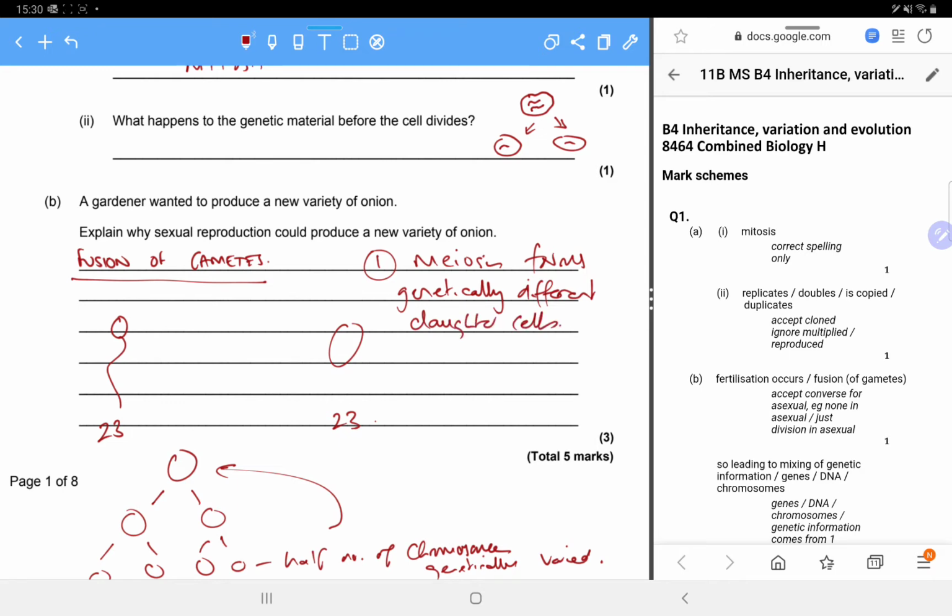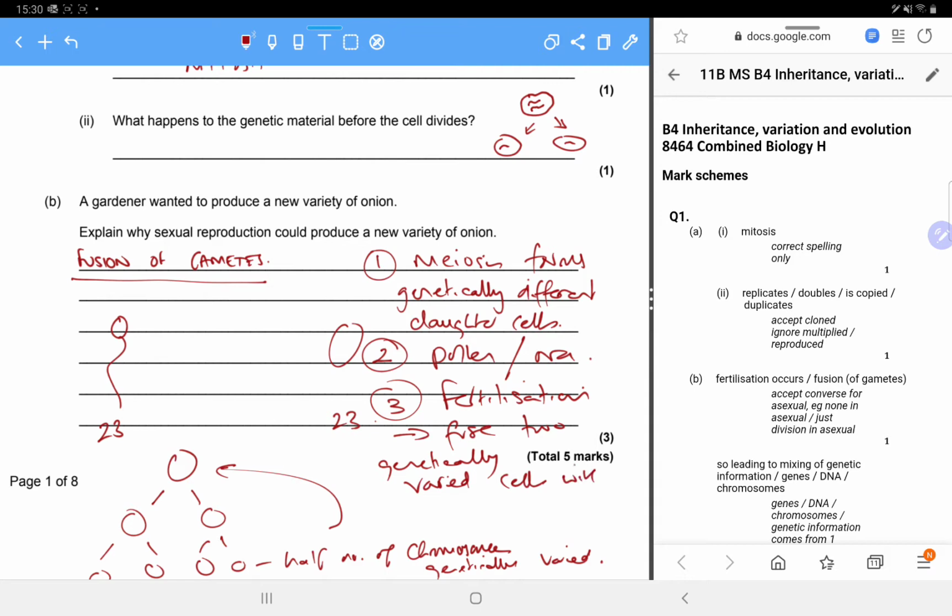Okay, and which would produce the pollen and the ova or eggs. 3, fertilization, bringing these 2 together, will fuse 2 genetically varied cells with half the genetic information.